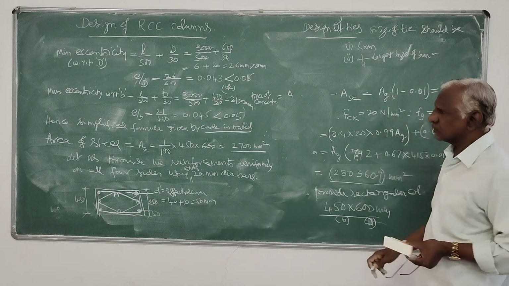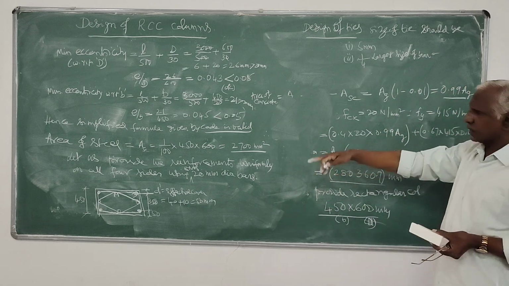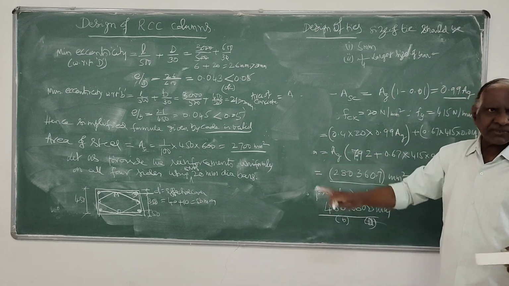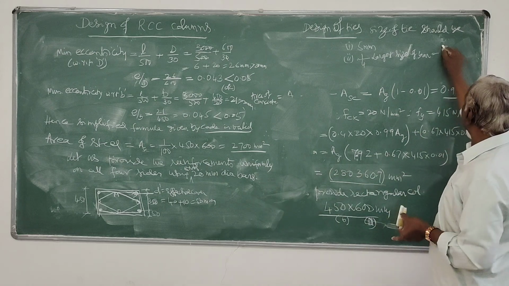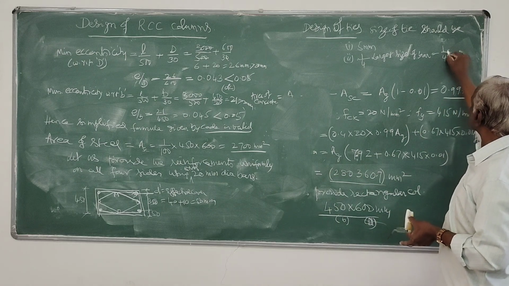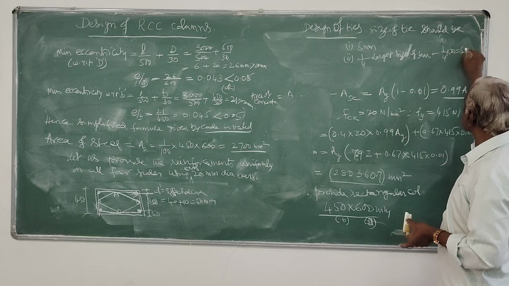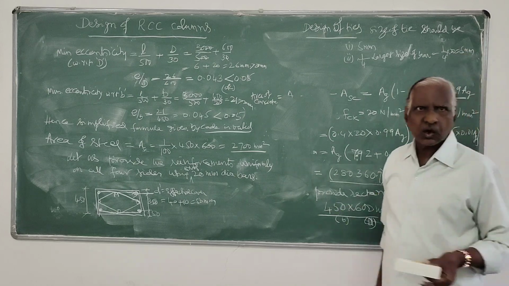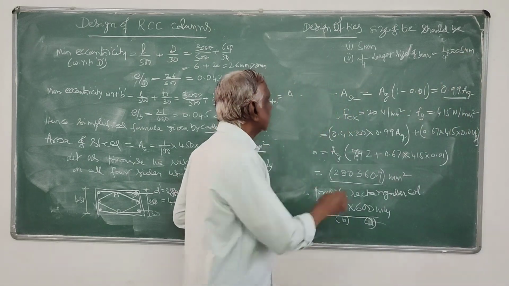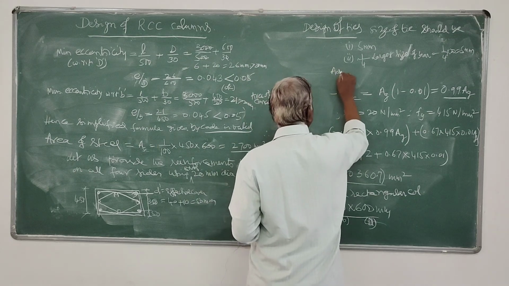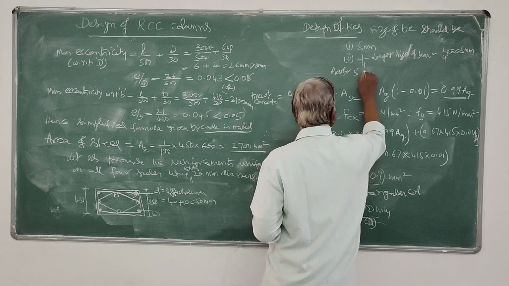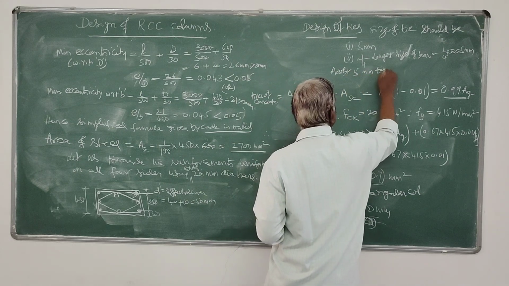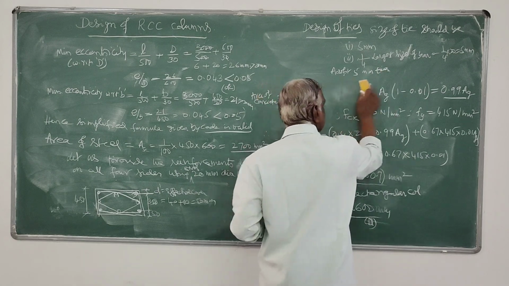Which is the largest size of bar? Here all are same size, 20 mm. So you have to take 1/4 of 20, which is also 5 mm. So adopt 5 mm ties. Then what spacing?